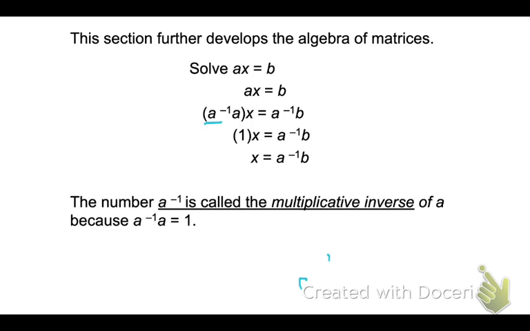Okay, so we multiply by the inverse, getting 1, because when you multiply by an inverse, you get a multiplicative inverse, which is 1. And then you multiply on the left. So the answer to X is A inverse B. So that is what we are going to be doing. We are going to be finding A inverse and multiplying B, what it's supposed to equal, by it.